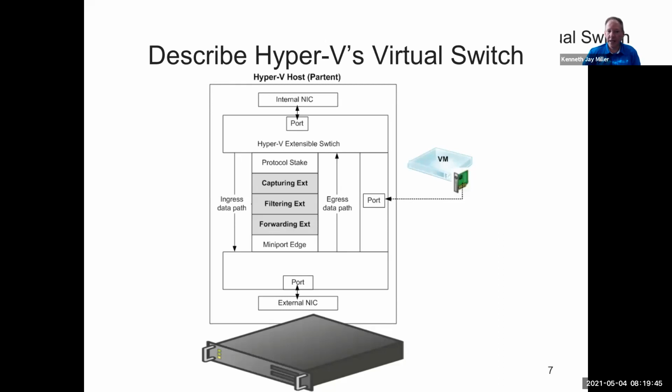Okay, so it's going to have the protocol stack, the capturing extension, the filtering extension, the forwarding extension, the miniport edge, and then the port, and then it goes through all of the virtual switching to get to the external network card, and then go out to whatever network this is attached to, especially if this is an external switch.